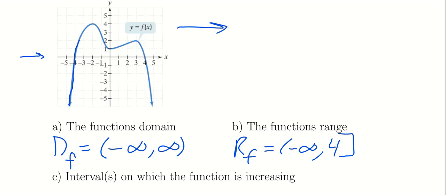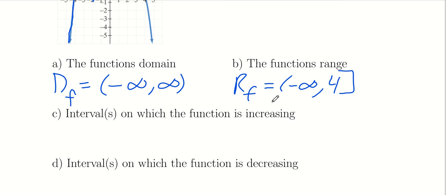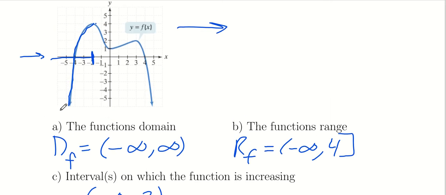And it continues to go up until we get to this point here, which is at x equals -2. So from -infinity to -2, the function is going up. And recall, with increasing and decreasing, we don't consider these endpoints to be included. They're always excluded because those are the points where you might have a change in behavior.